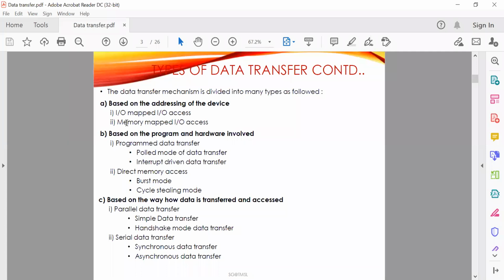So serial data transfer is the solution for data transfer over long distances. It's a low cost way to send data over long distances.